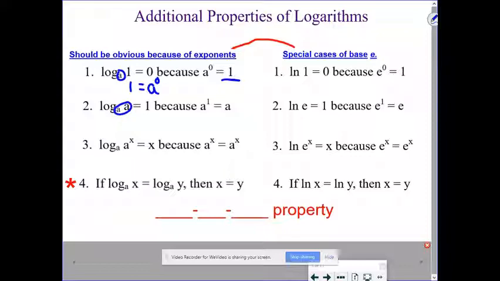If I look at number 2, log base a of a, whenever the base and the number are the same, so log base 5 of 5, log base 2 of 2, that is always going to be 1. If I look at 3, if I take the x in the exponent and bring it out in front, that's x times log base a of a. Well, log a of a is just 1, so it's x times 1, or just x here.